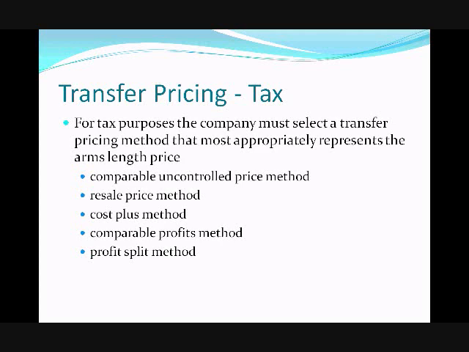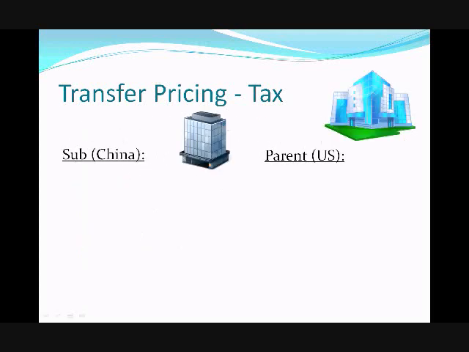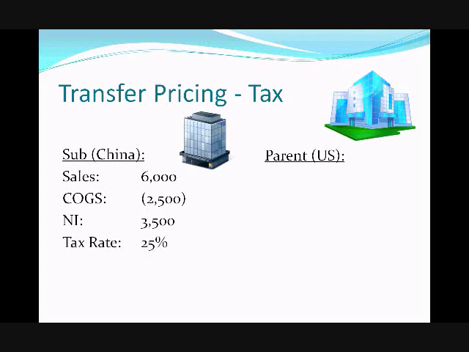Going back to the example before, if we assume all the same facts, that the sub sells 10 tables to its parent, it would have sales of $6,000, cost of goods sold of $2,500, and net income of $3,500. Assuming that the tax rate in China is 25%, S Company will pay $875 in taxes to the Chinese government.